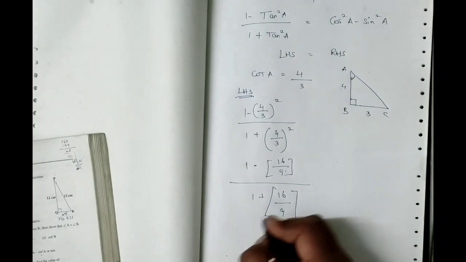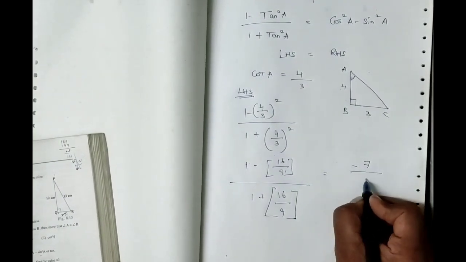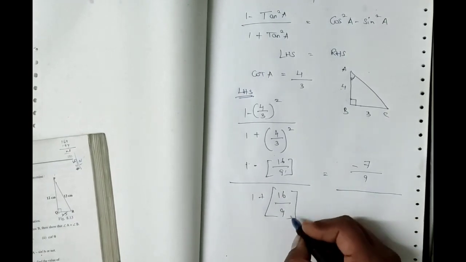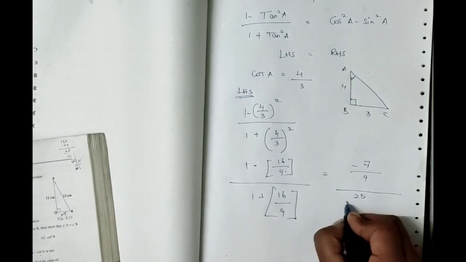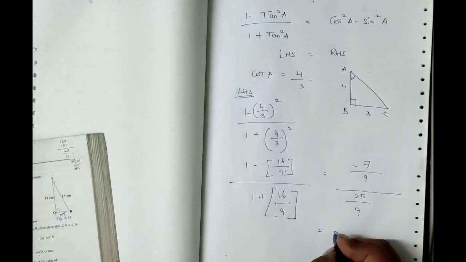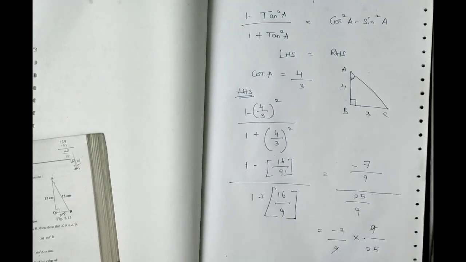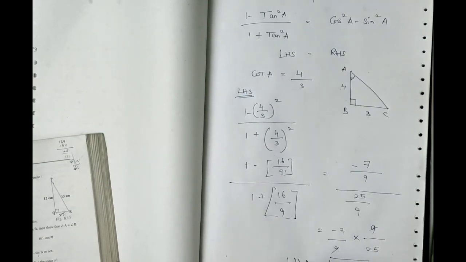Am I correct? Equals minus 7 divided by 9, the whole divided by 9 plus 16 will be 25, 25 divided by 9. And when this comes to the numerator, minus 7 divided by 9 into 9 divided by 25. So which is minus 7 divided by 25. This is what we have got as LHS.